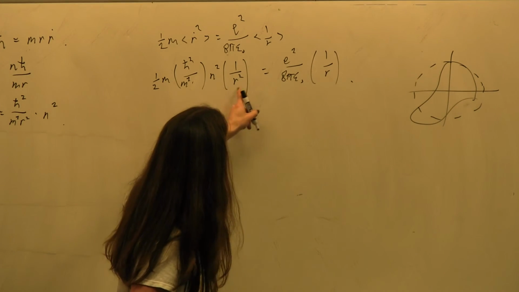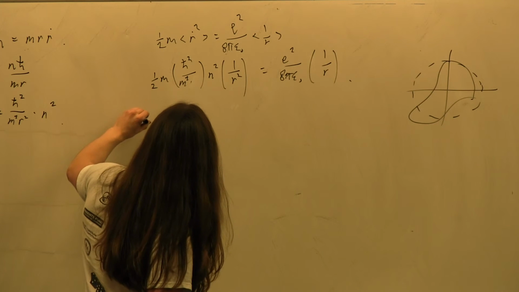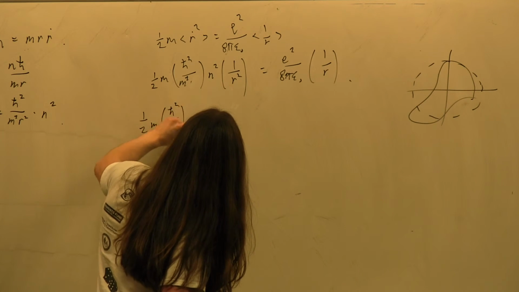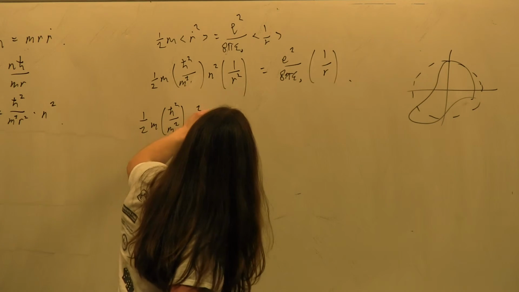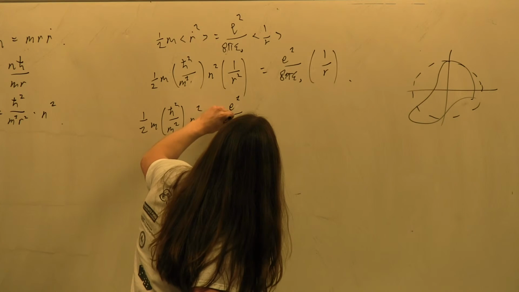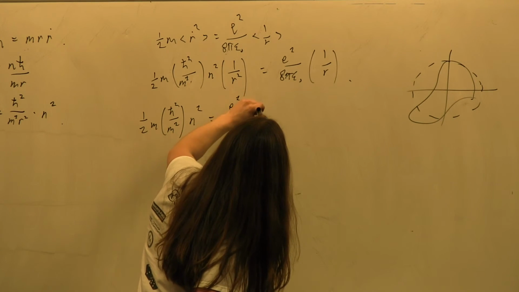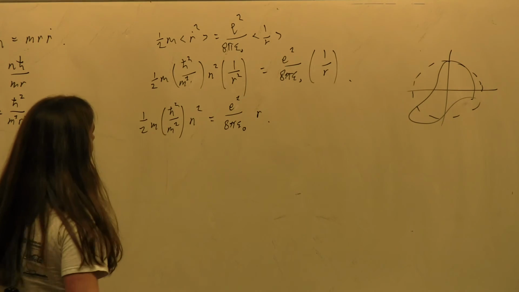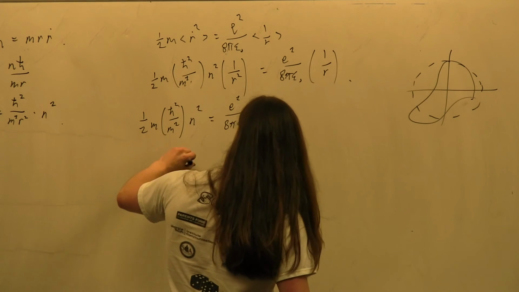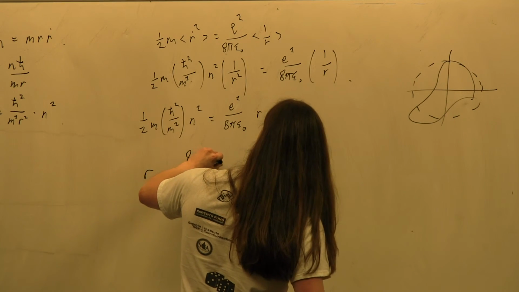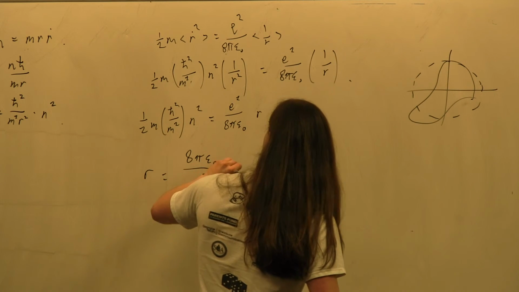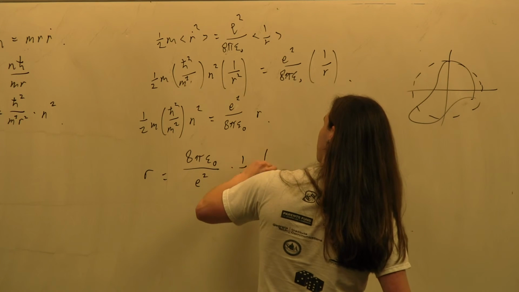One of the r's cancels out from both sides. So we have 1/2 m h bar squared over m squared times n squared is equal to, multiplying r squared on both sides, 8 pi epsilon naught times r. Then we can just divide both sides by this whole thing. So we've got r is equal to 8 pi epsilon naught over e squared times 1/2 m, all these constants.